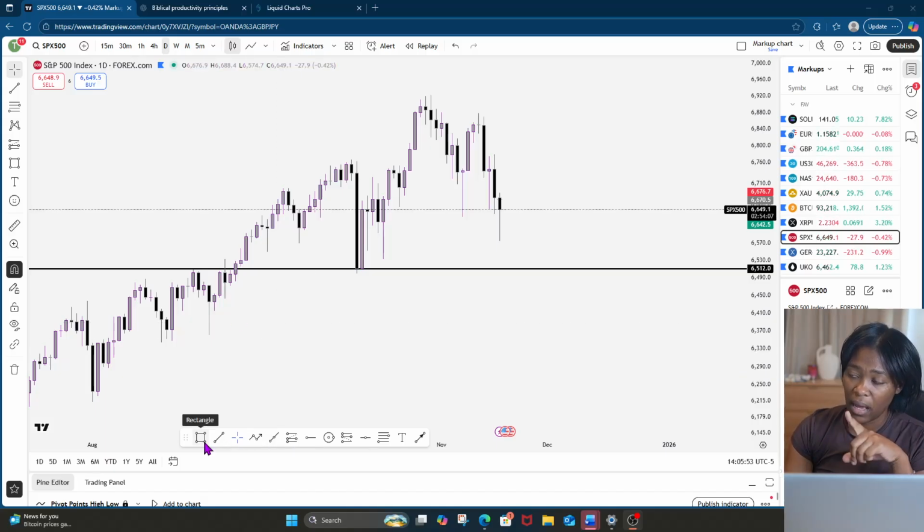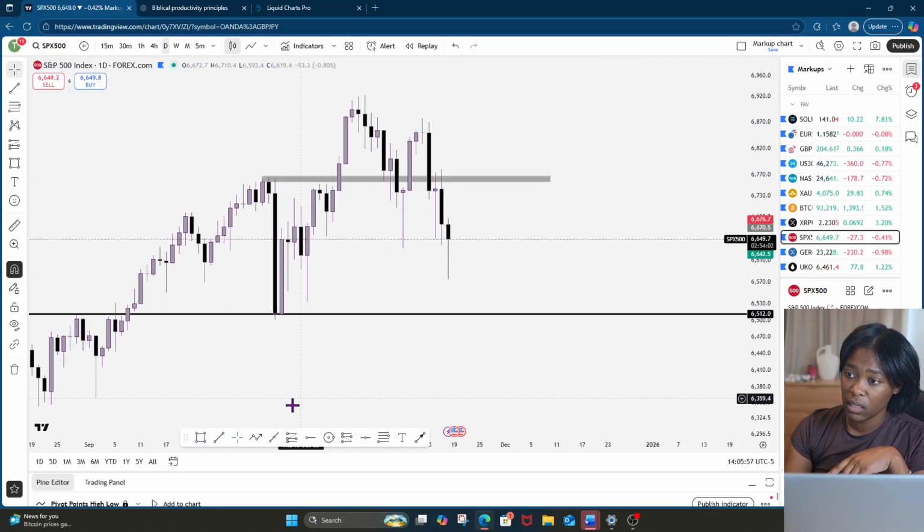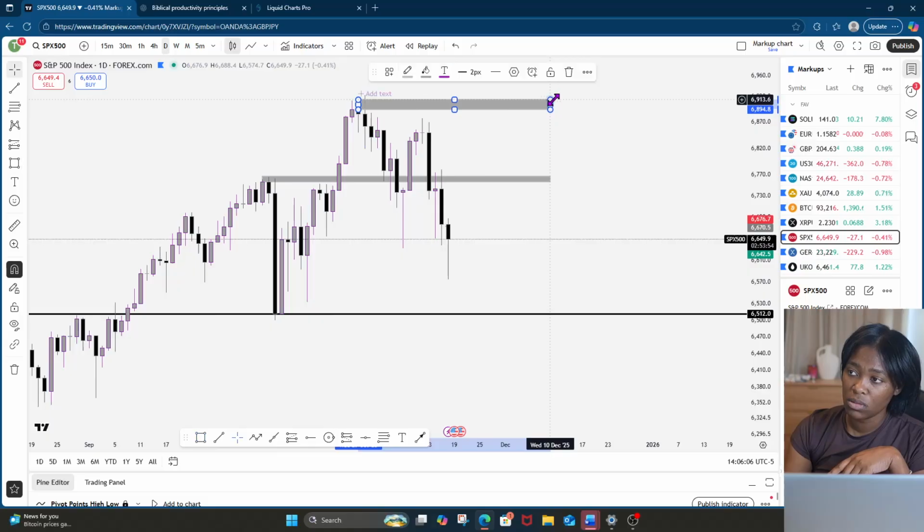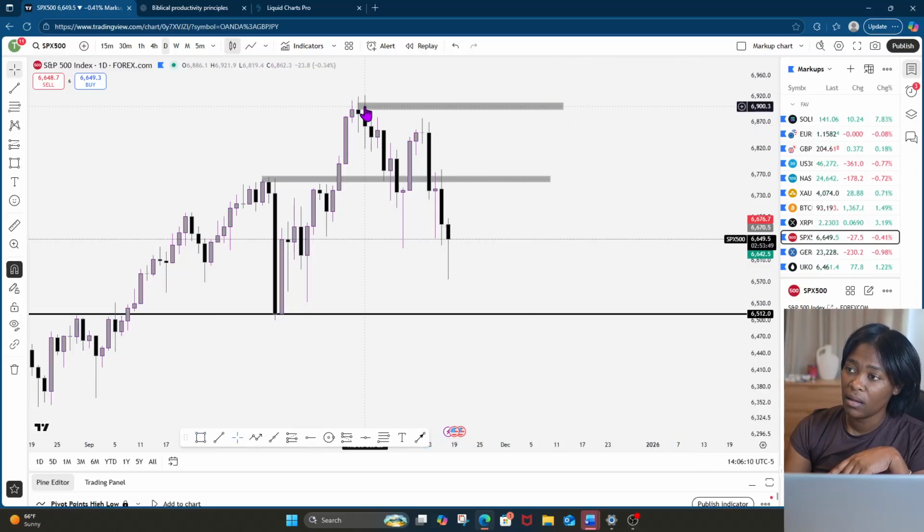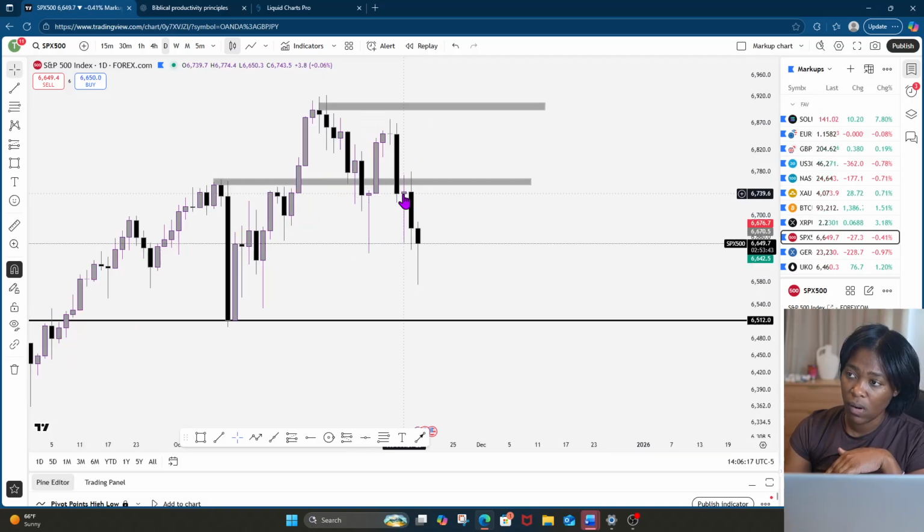I'm going to map out my high time frame support and resistance, and this is based off of daily. I've had a resistance here that was broken and it made a high, and so this is my most recent high, or I can say my high of highs. And then the resistance was broken through here, which doesn't really mean anything, okay?